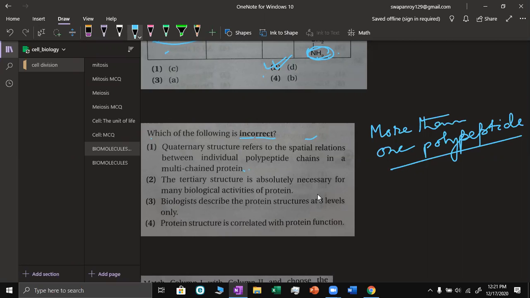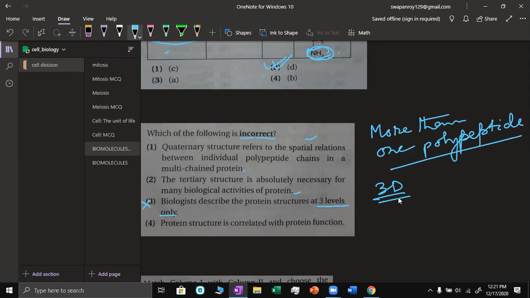Tertiary structure is absolutely necessary for many biological activities of the protein. This is true because tertiary structure achieves the 3D organization. Biologists describe the protein structure in 3 levels. No, this one is wrong.